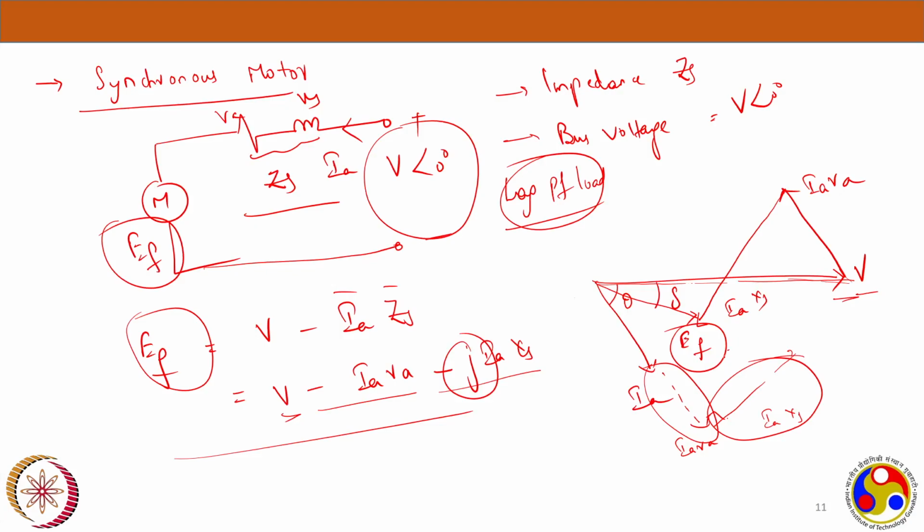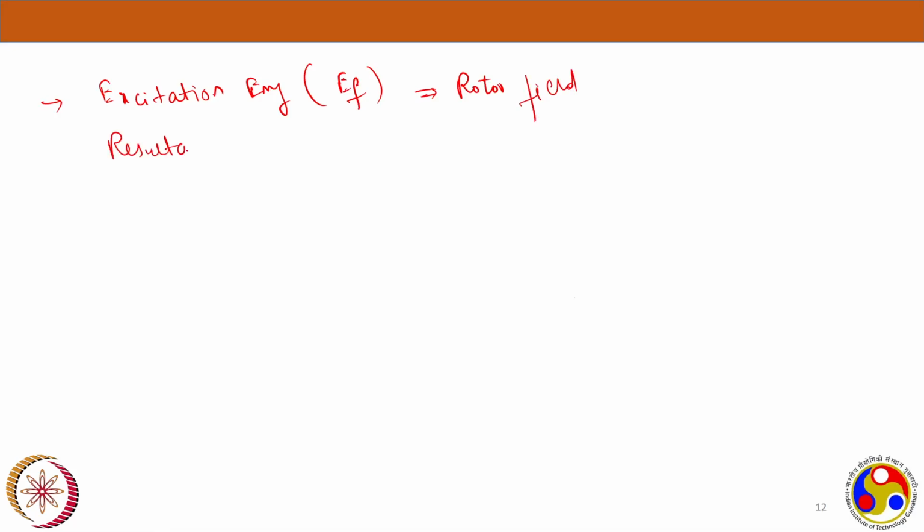The lengths of EF and V are different, and the excitation voltage length is very less compared to V. I'm just writing it here: excitation EMF, that is EF, rotor field, and the resultant field from the supply itself, that is total field.